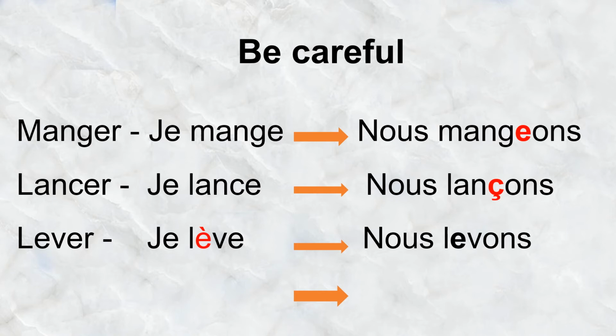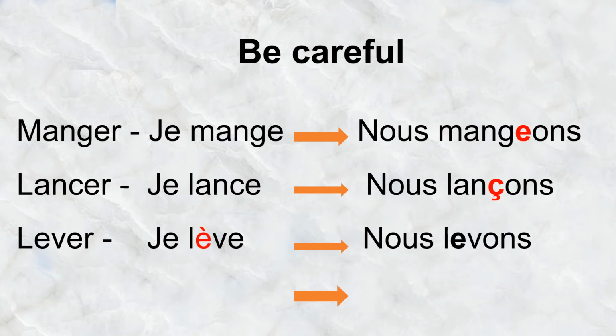Then we're going to have lever. So lever has the first little irregularity with the je, because you cannot have the e, because remember the e without an accent is silent. So it would mean that you have no sound, you would just have LV, and LV without a vowel is very difficult to pronounce. So we're going to put that accent here.